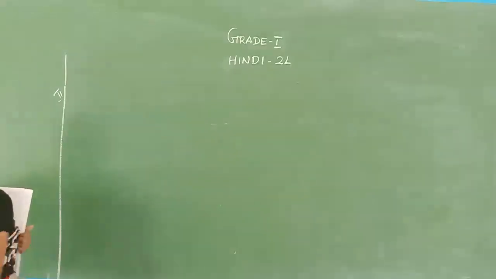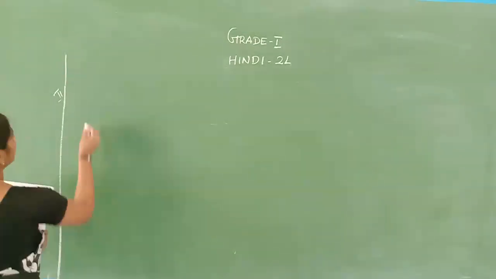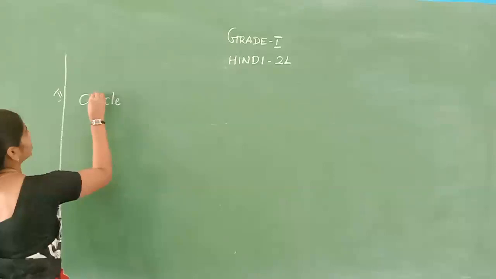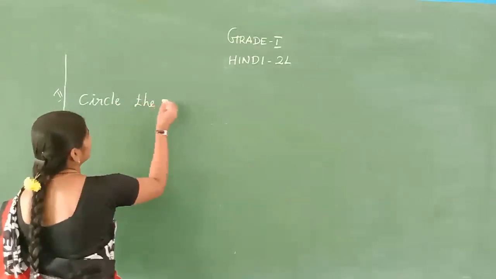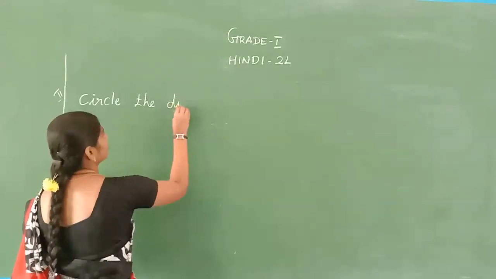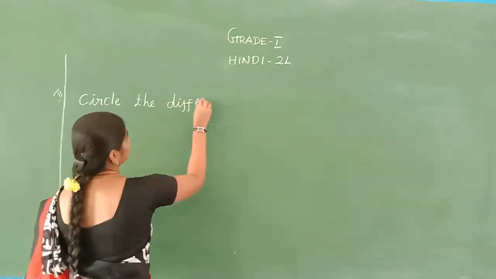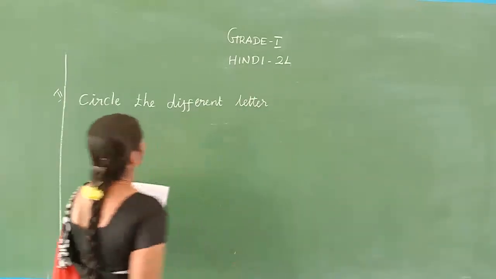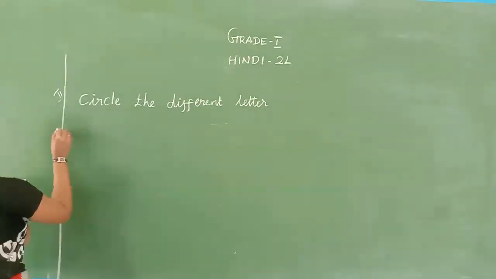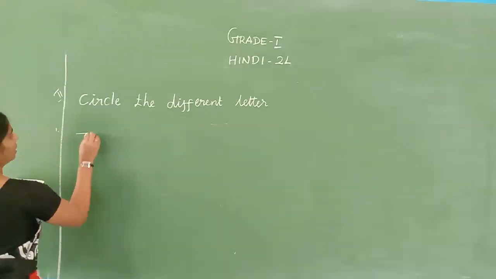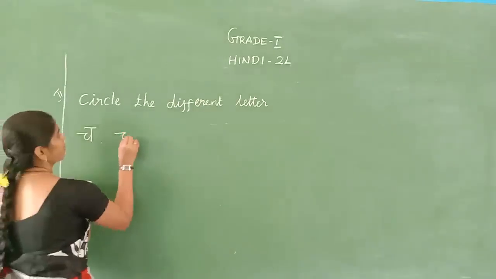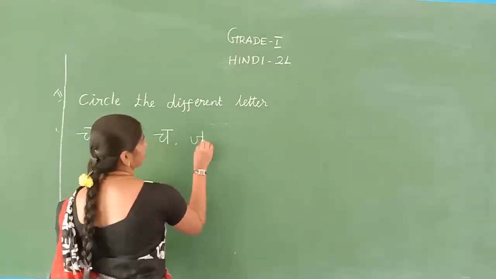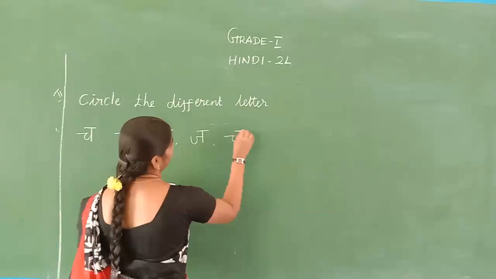Our second Roman letter is circle the different letter. Differentiation, right?